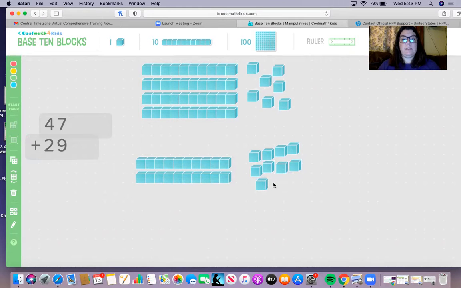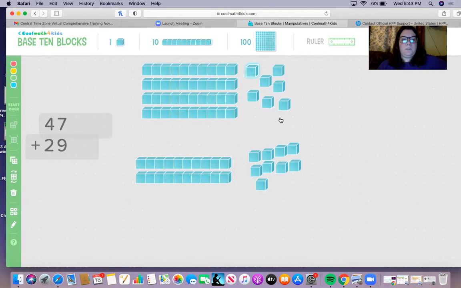We're going to add 7 units plus 9 units. And if we remember our magic number, we can only have a single digit in each place. So we can only have a 0, 1, 2, 3, 4, 5, 6, 7, 8, 9. And then when we get to our magic number 10, we know that we regroup. So if we have 10 or more units, then we regroup 10 units for a 10.